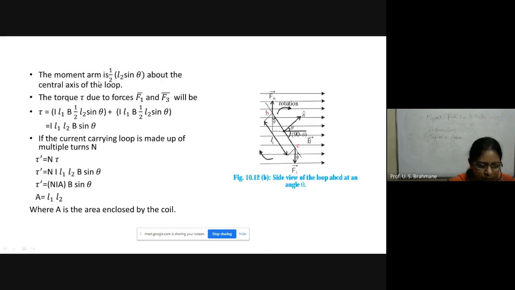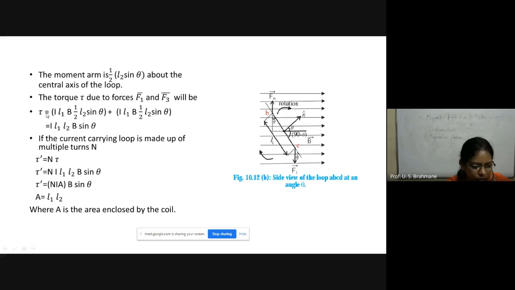And the moment arm about the central axis of the loop is half L2 sine theta. So the torque tau due to the forces F1 and F3 will be, by the torque formula, tau equal to force into the perpendicular distance between the two forces.